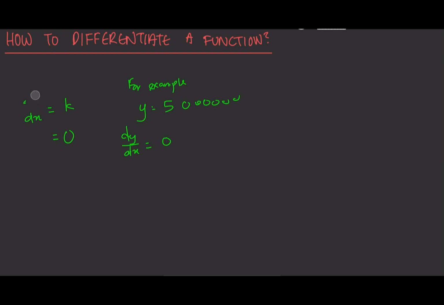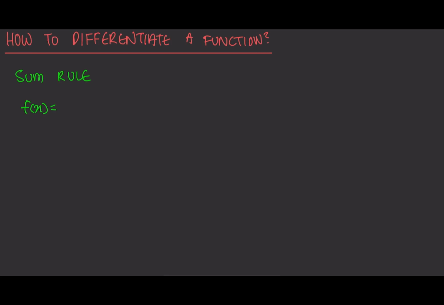Now, I will be adding the next rule, which is also pretty simple, the sum rule. What this states is that, let's say you wanted to differentiate f(x) equals x^5 minus 4x.